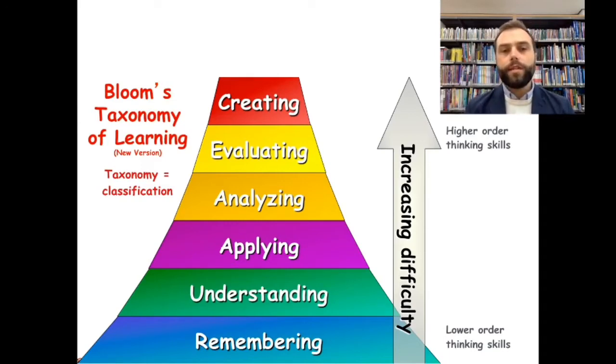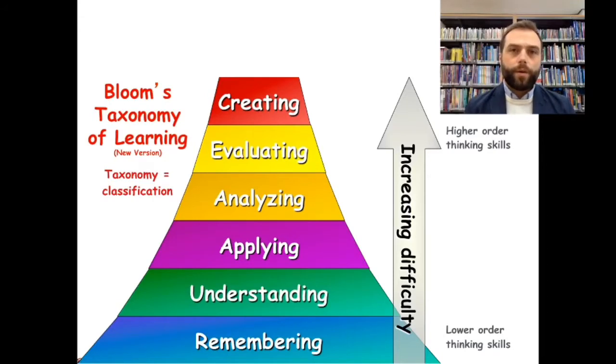And here you can see the same words that I used in the previous questions about which ones were more difficult. Starting at the bottom of the triangle, you can see remembering. Next, understanding. Then applying. Then analyzing. Then evaluating, and at the top, creating.